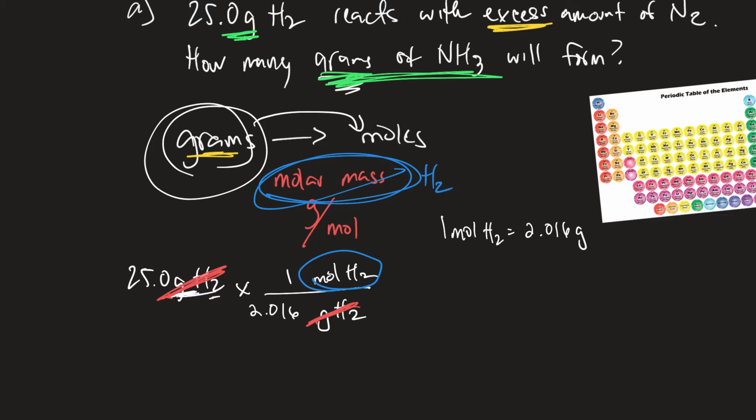Because before you could compare and use the equation, you need to convert. We need to convert our known to moles of whatever that substance is first, okay? Now, once you've done that, we could look at the mole-mole ratio of our known to our unknown, okay?